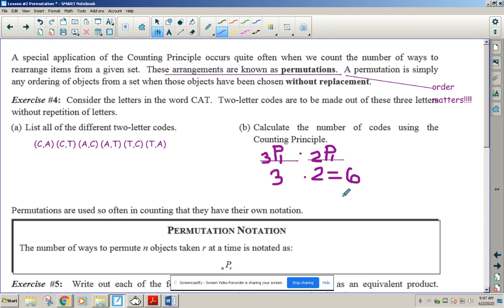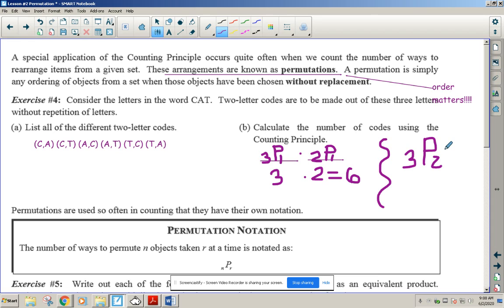Now, I could do this with the permutation like this, since the word permutation, since order matters, usually implies that you are not repeating something. So I could have said right from the beginning, from the three letters that are given to me, I am going to pick two of them.